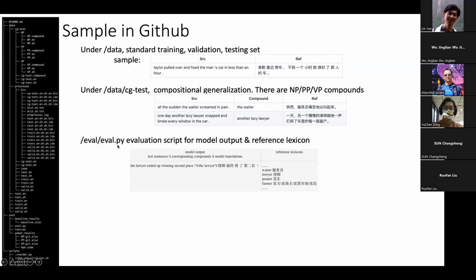And they have an evaluation script. For the evaluation script, your input is the source split by the compound and your translation. And they also have a reference lexicon for all the compounds. So you compute the error rate of the translation. Does anyone have a question about this data set?